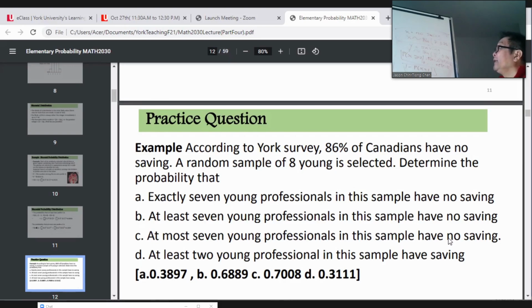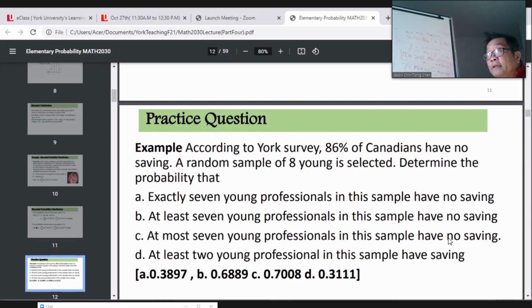No. Why? Because everything starts from 0 to 8. So what happened to the 0? We need to minus Y equal to 0. Yes. Don't forget about 0, okay? 0 is part of the chance. So we have to minus 1, we have to minus 0. Minus, not plus, minus.